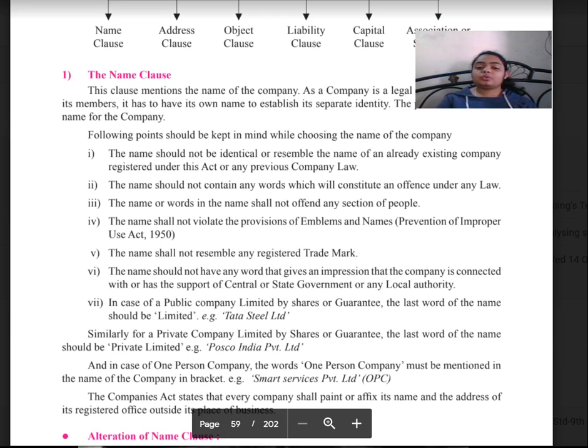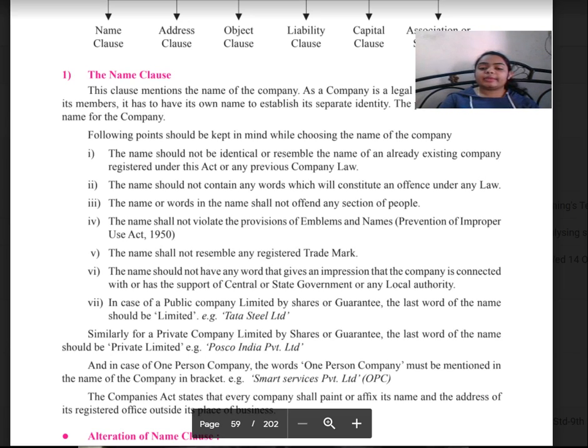The name shall not violate the provisions of the Emblems and Names (Prevention of Improper Use) Act 1950. The name shall not resemble any registered trademark. The name should not have any word that gives an impression that the company is connected with or has the support of the central government or any local authority.